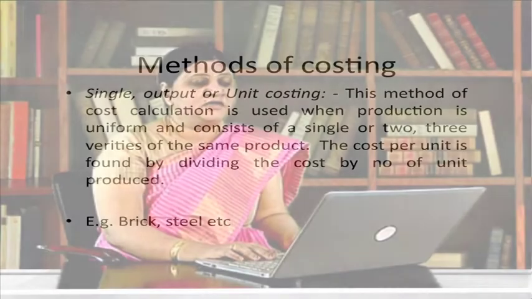So, under single or output or unit costing, ascertainment of the cost is done, but its utility is limited because it is used when production is uniform. That means either the same category of products are being manufactured, or there could be 2 or 3 such products in that particular manufacturing concern, and it is used to ascertain cost per unit.